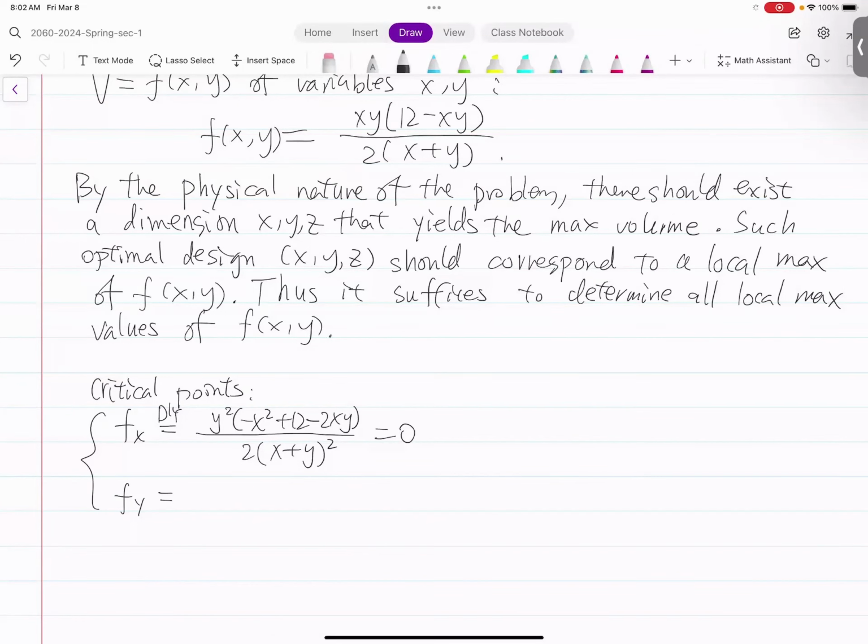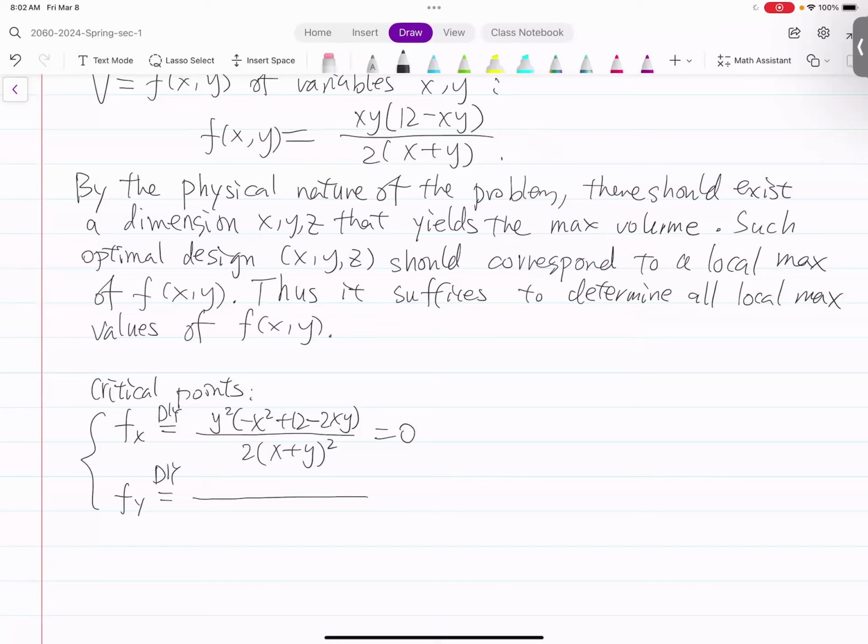And similarly, in terms of the partial derivative of y, it will be very symmetric. And this function is symmetric in terms of x and y. Okay? So that being said, when you interchange x and y, you still result in the same functional output. Okay, so that's what's called symmetric.